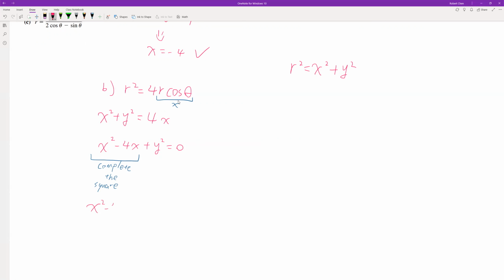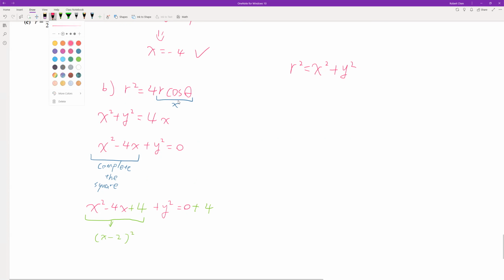In order to complete the square, we need to add half of -4, which is -2, and -2 squared is 4. So add a 4, and to do that, we also need to add a 4 on the right. By doing that, we can factor this part into (x minus 2) squared, plus y squared is equal to 4.